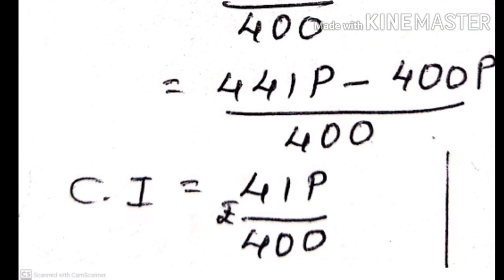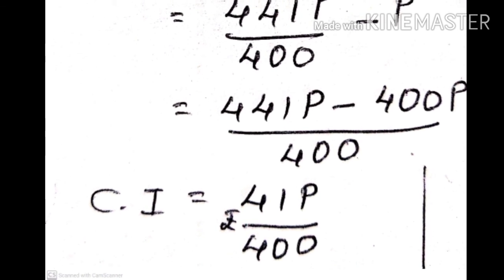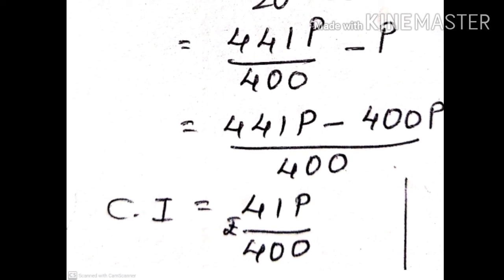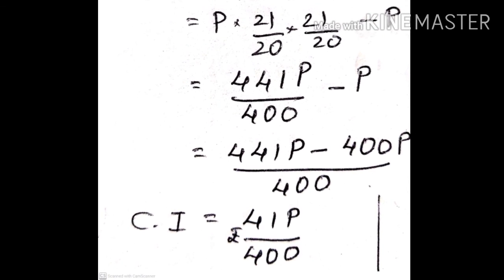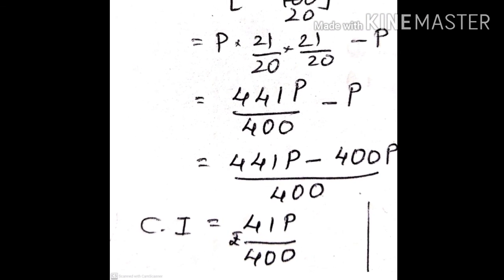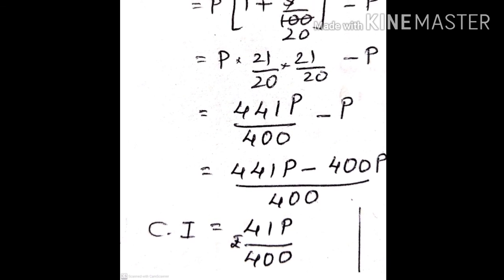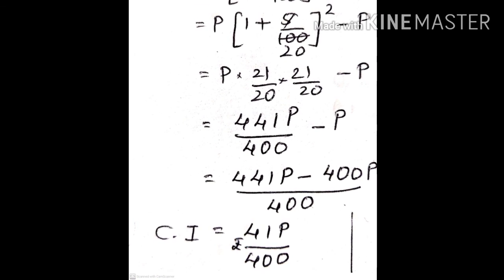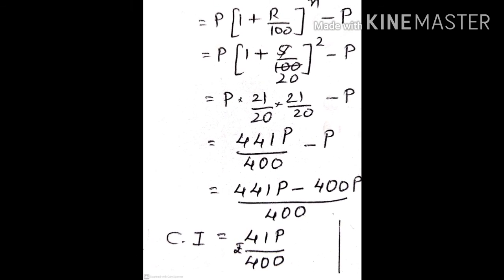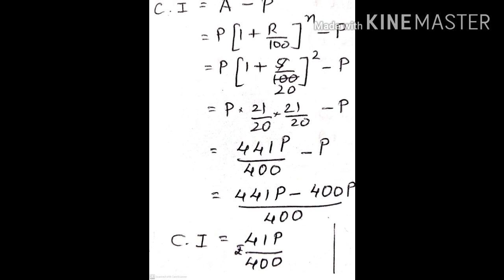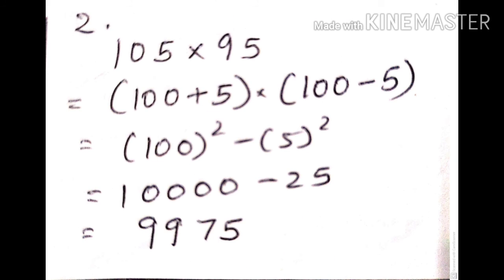So I place my formula as CI minus SI is equal to rupees 50, with 41p upon 400 and so on, taking CI minus SI equal to 50. You can find that value by yourself, as I have already given you the CI and SI values. So find out by yourself what the principal is.